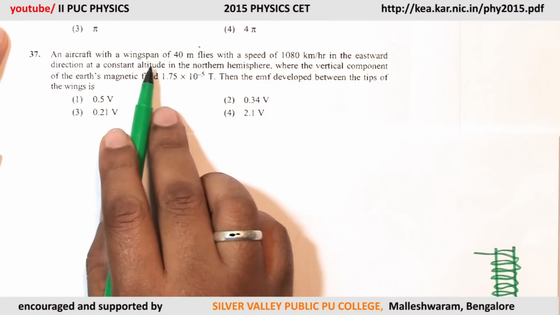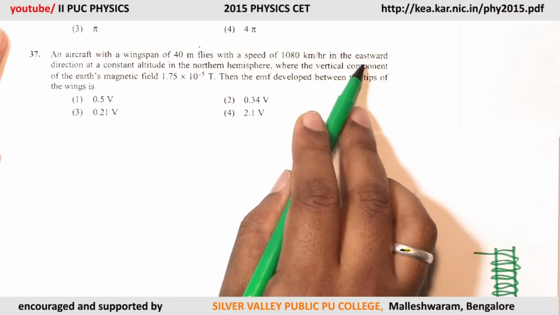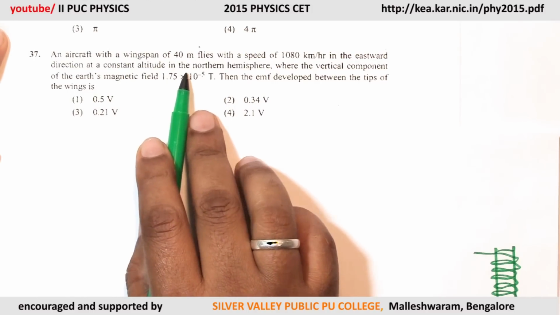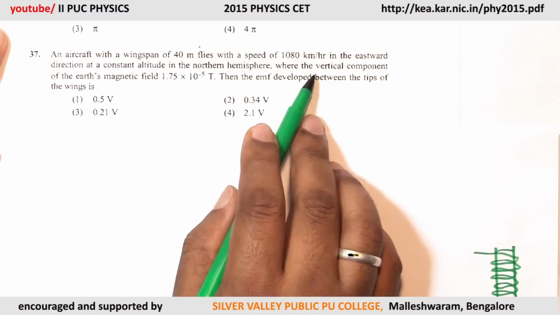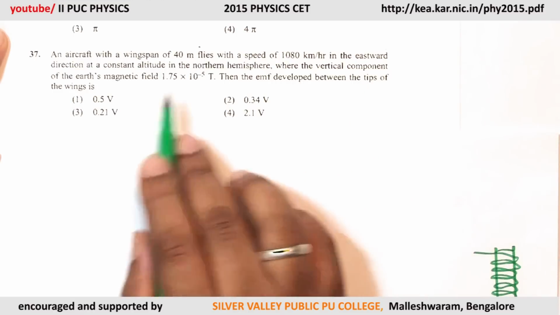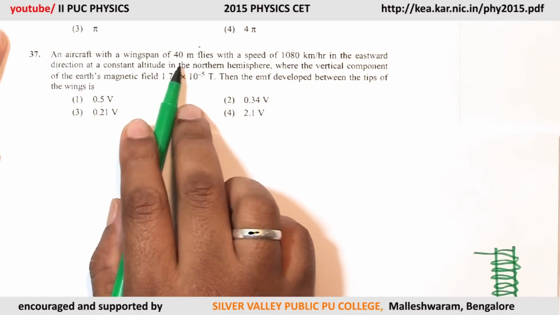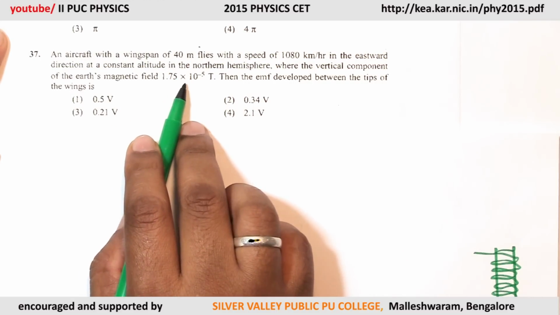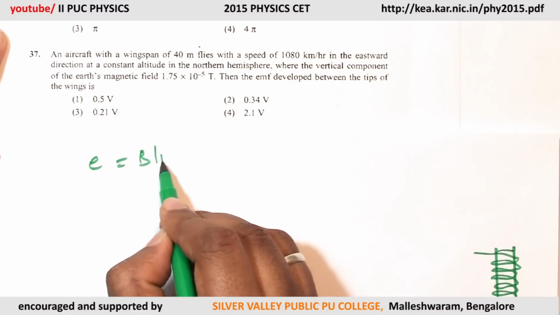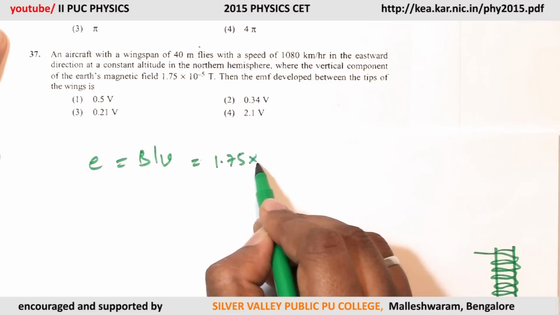An aircraft with wingspan 40 meter flies with a speed of 1080 km per hour in the eastward direction at a constant altitude in the northern hemisphere, where the vertical component of Earth's magnetic field is given. Then the EMF induced between tips of the wings. It is like motional EMF. When the aircraft is moving perpendicular to the Earth's magnetic field, there is EMF induced given by BLV. Magnetic field is 1.75 into 10 power minus 5.